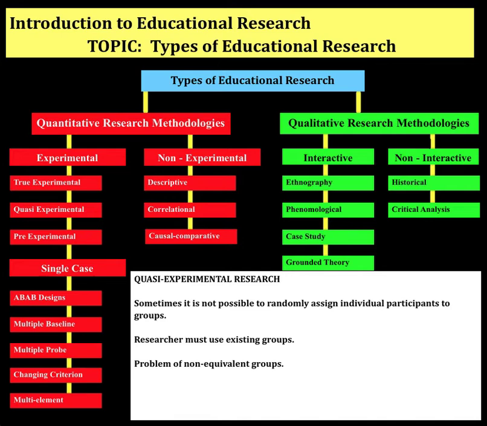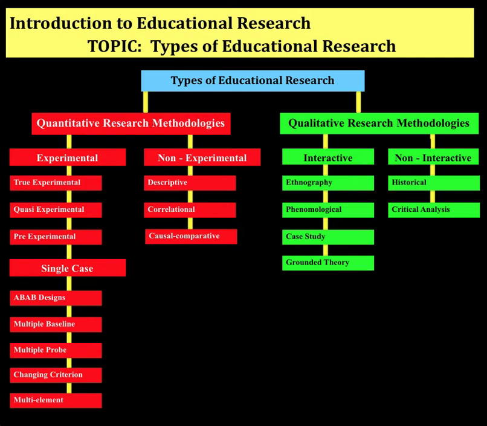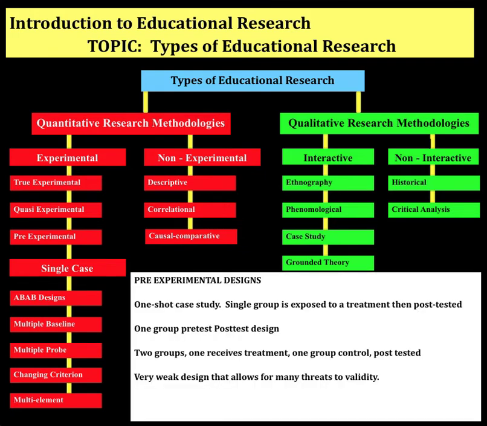So quasi-experimental research is very good research, but it is not the gold standard. It's not the best that there is. True experimental research is the best. Quasi would be second best. And then we have the least, which is pre-experimental designs.